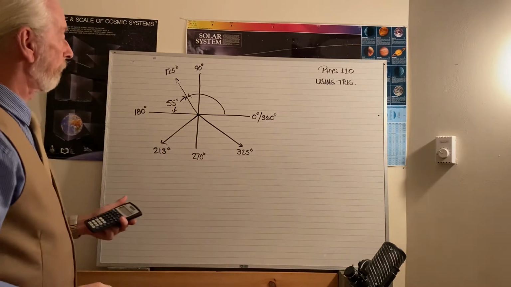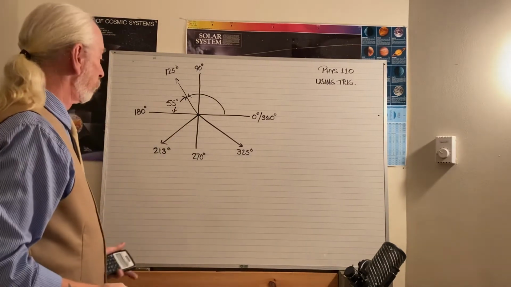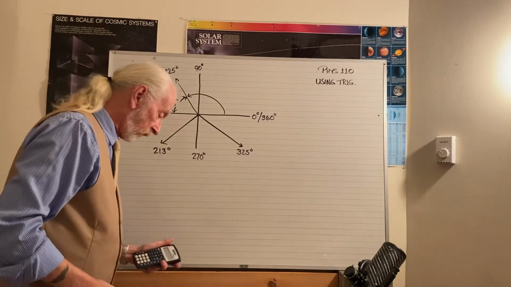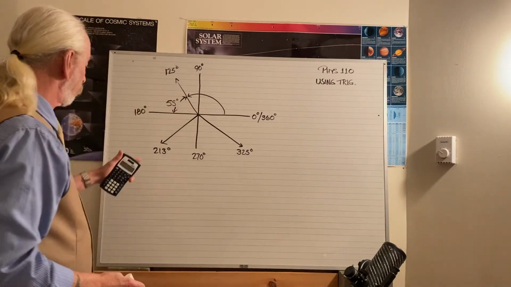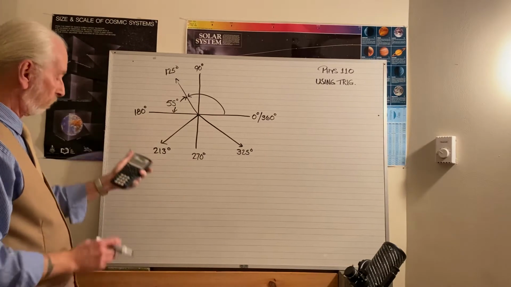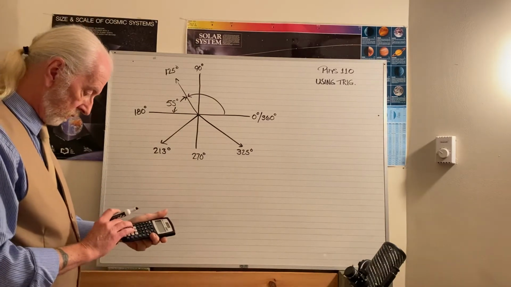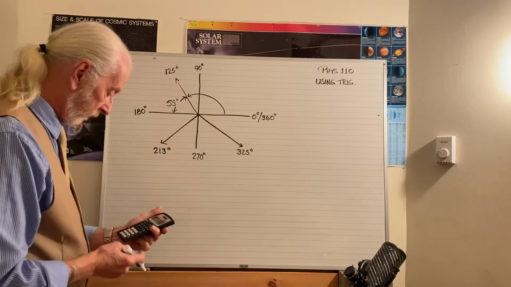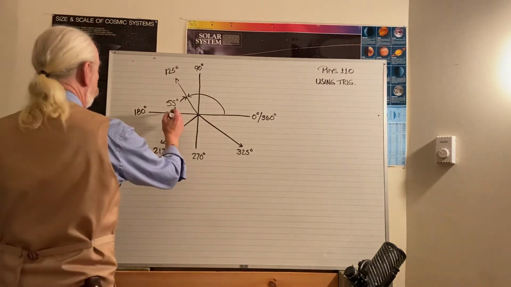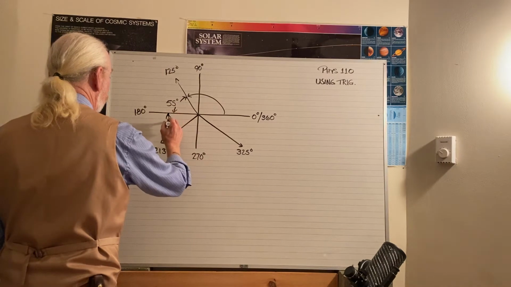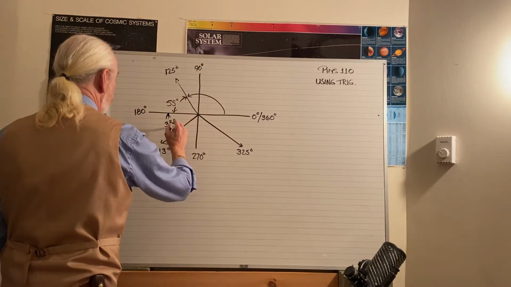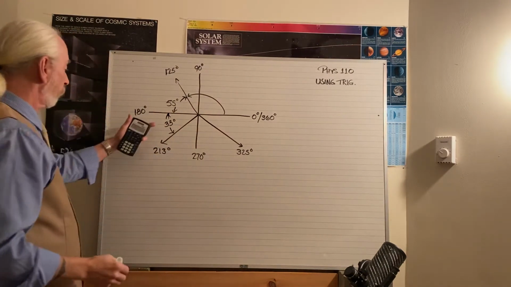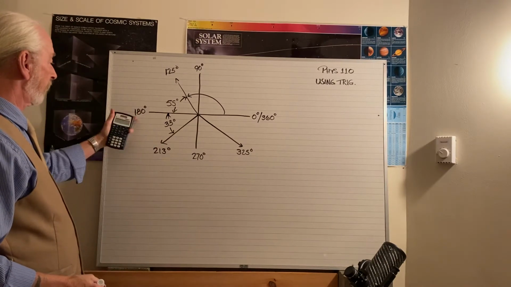All right. This next angle, 213 degrees. What we're going to do is we're going to take 213 minus 180. That makes it 33 degrees. So it's 33 degrees, 213 minus 180.